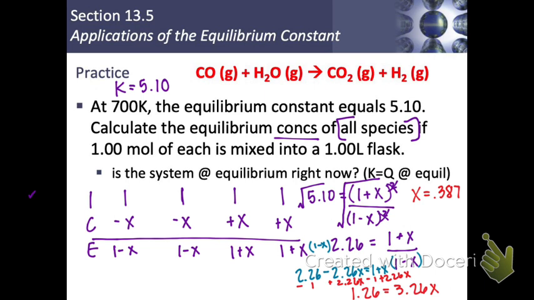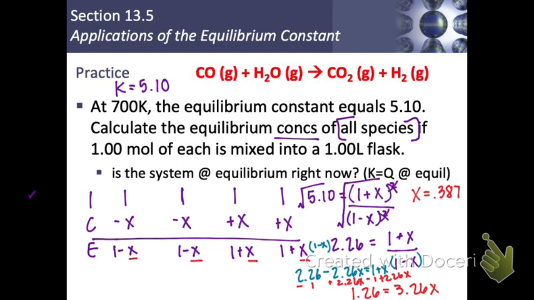Okay, would we agree with that so far? Is that my concentration of each species? It is not, because that's just my x value. What I have to do here is bring that x and plug it in for each of those.